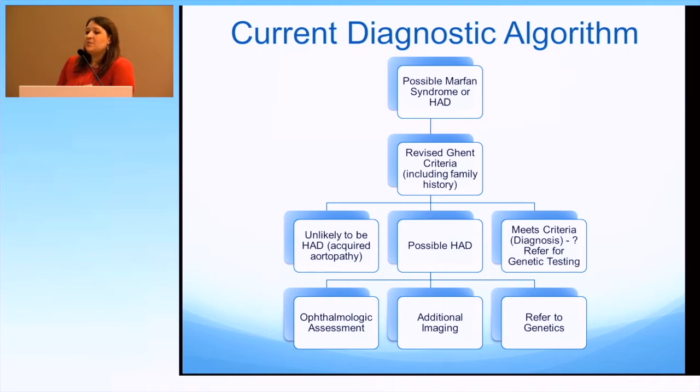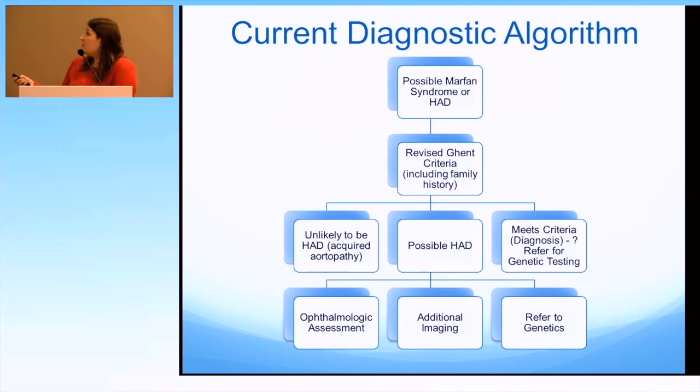There are a lot of people with dilated aortic roots who have atherosclerotic disease or other risk factors. So it's a lot of weeding out, is this because you smoked and because you had hypertension and high cholesterol, or is this an underlying genetic diagnosis? And oftentimes it's not clear. So oftentimes in clinic we can say, okay, you know what, you have no family history, you have no physical features, and you have other risk factors, so we don't think that you've got a heritable aortic disorder.